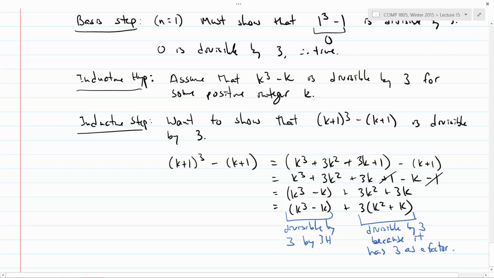Okay. So if you divide this number here by 3, you get k^2 + k. Since k is an integer, k^2 + k is also an integer. And this also relies on the fact that when you add two things that are divisible by 3 together, you get something that's divisible by 3. Why is that true?